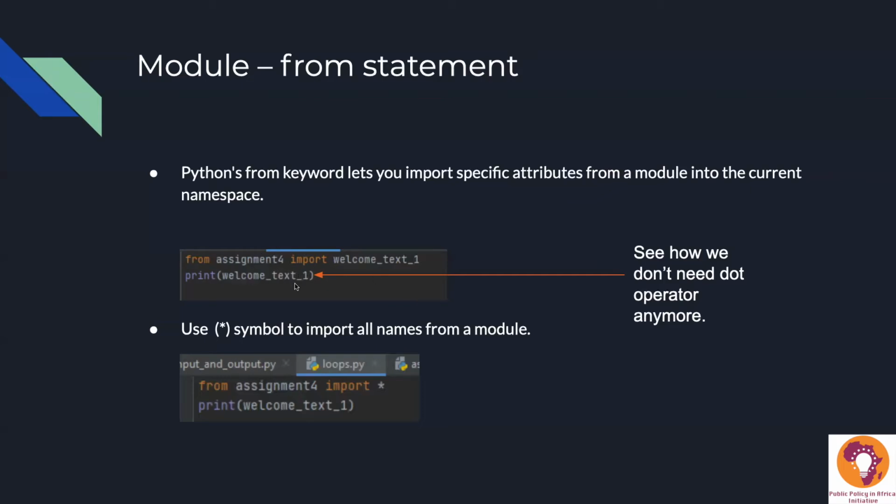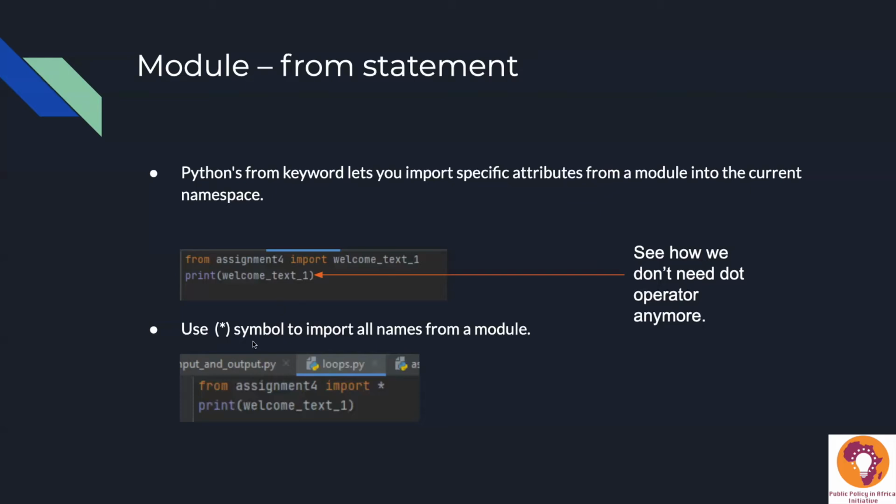You'll usually see that pattern instead of just import assignment 4. But you'll see both. Like we've done in the past, we imported IO for doing the file and package operations. So we just did import IO, but then something you might have noticed is every time we referenced a function from IO, we always had to do IO dot whatever it was. So like IO dot read file or something like that.